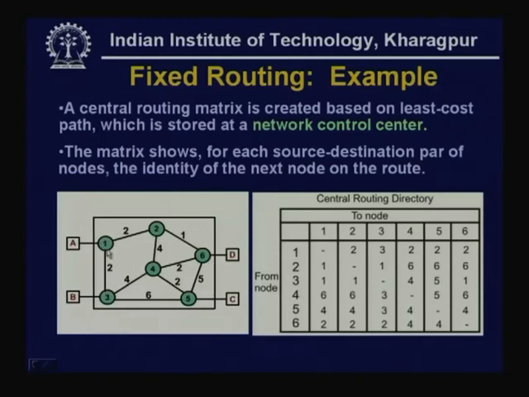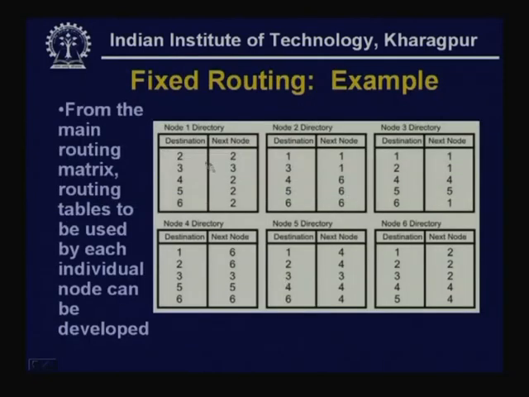Essentially, for a given destination, the next node to which it has to be forwarded is stored in this directory. That means, if the destination is 2, the next node to be forwarded to is 2. If the destination is 3, then the next node to be forwarded to is 3. So, this is the directory for node 1.